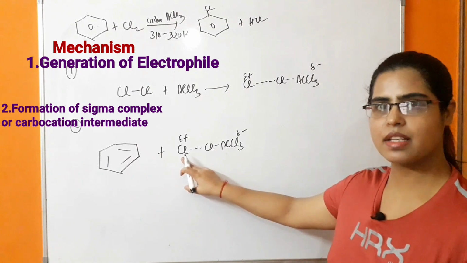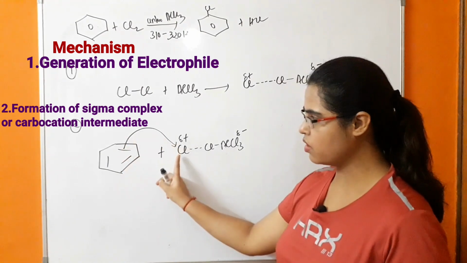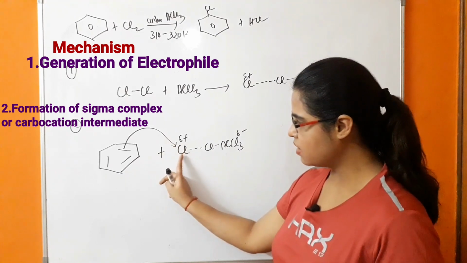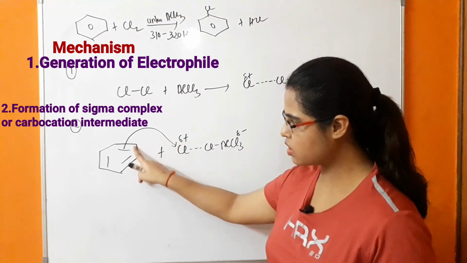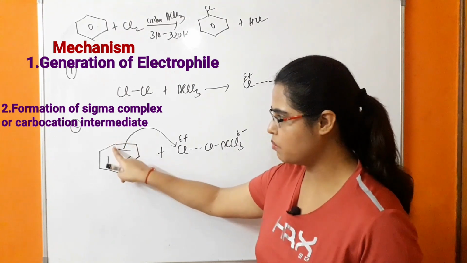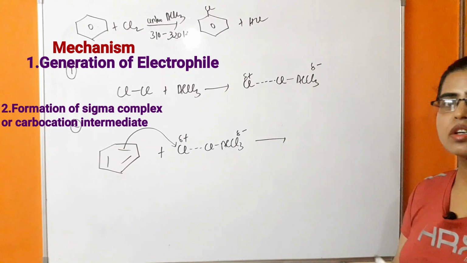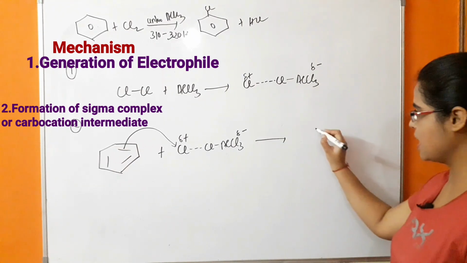So it is behaving as an electrophile, electron deficient. When this bond will be shifted towards this, because of that, this chlorine will attach on this position of the carbon, whereas positive charge will be coming on this position. So because of that, there is a formation of carbocation taking place.